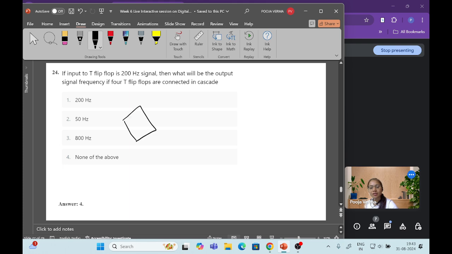That means 200 hertz is the clock frequency given here.